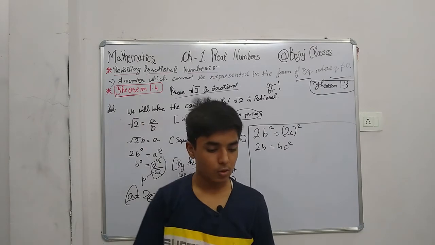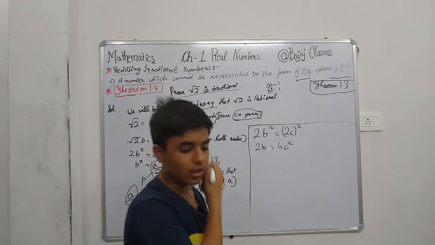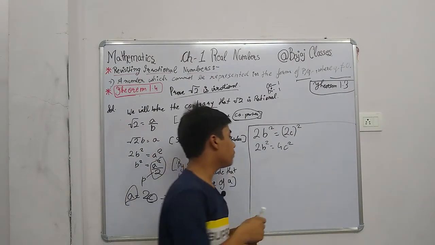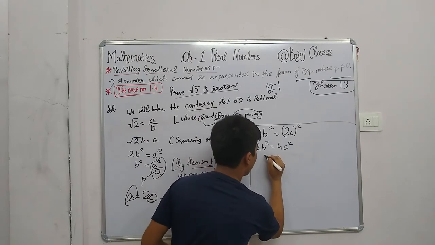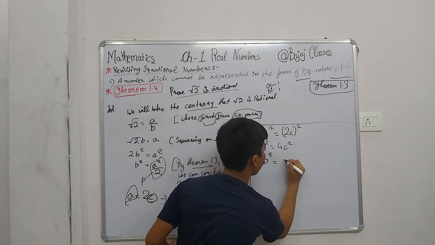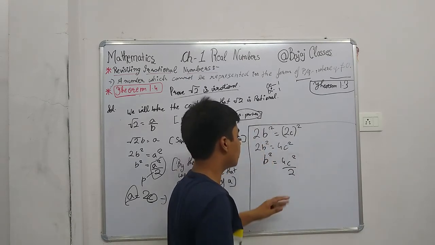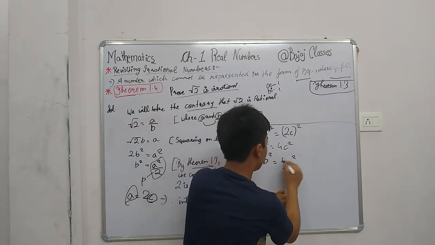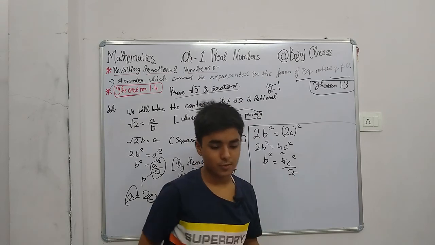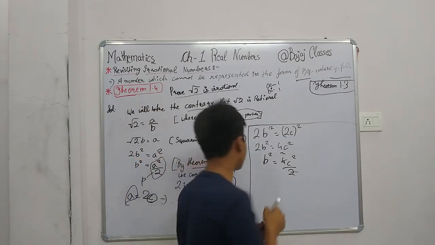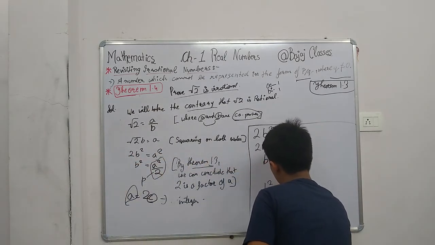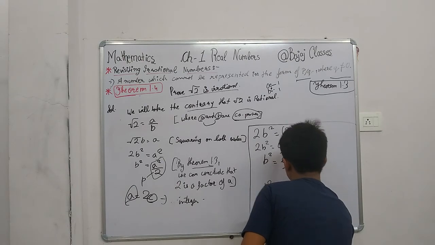It is proven that 2b square equals 4c square. Now we will take this 2 to this side, 4c square by 2. Now here it will be 2, so it will become b square equals 2c square.